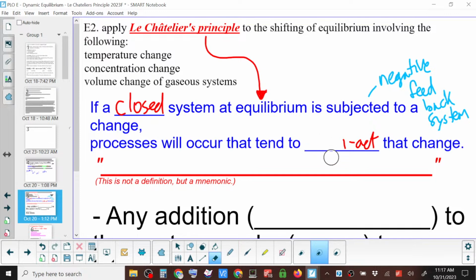It says counter. A negative feedback system is if you try and make a change, it will immediately try to reverse it. One of the parts of engineering is trying to build negative feedback systems into your system.